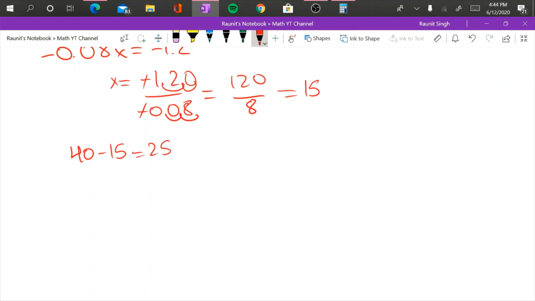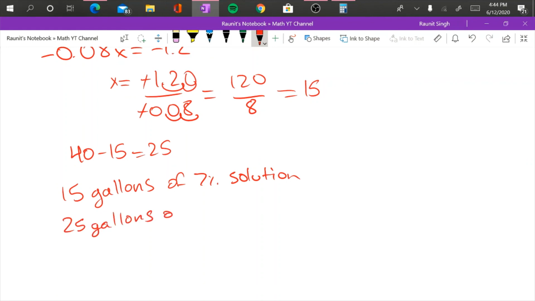So we need 15 gallons of 7% solution, and we also need 25 gallons of 15% solution. That N looks super weird. There we go.